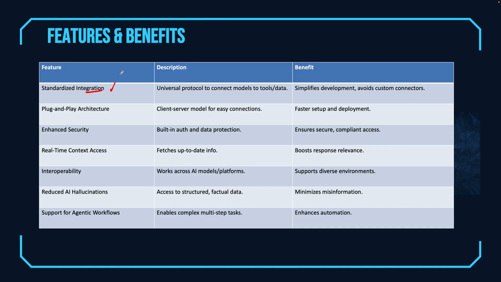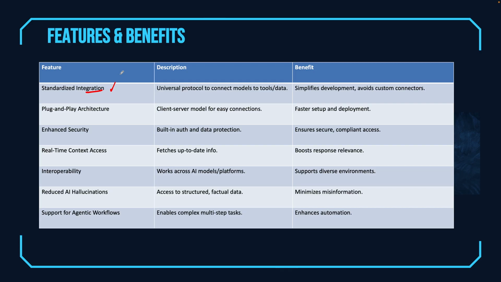As I showed you previously, when MCP was not there, the developers had to write a lot of code related to function calling or tool calling, right? They had to specify the metadata for the tool, and they had to write a lot of code for all the integration with third-party APIs. When MCP came into the picture, it provided a universal protocol, a set of rules, a standard to connect models to external data.